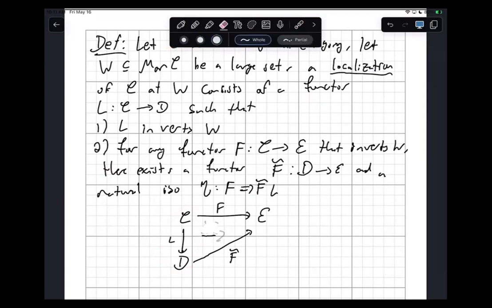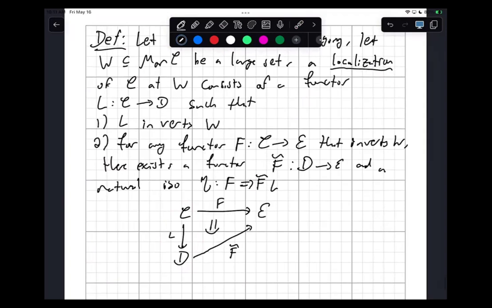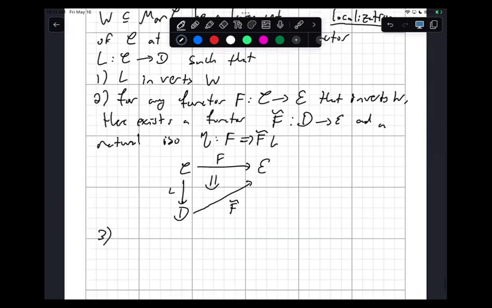Or maybe I'll write it like this. One of the most profound ideas in math, finally. Yeah, absolutely. It's so simple, but it has such amazing ramifications.